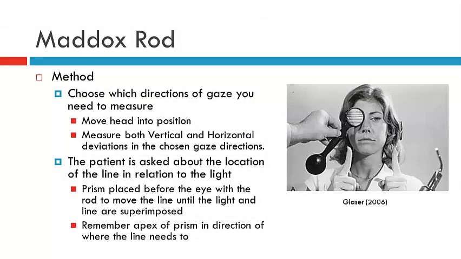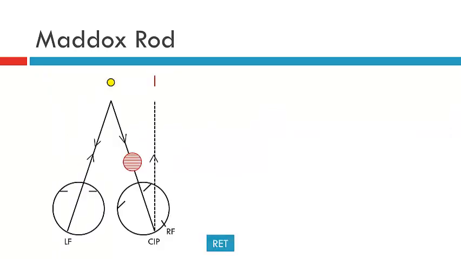Remember that with your prism, the apex of the prism is in the direction of where the line needs to be. You can also work out that if you've got a crossed image, you've got an exodeviation, so it's base in, or if you have an uncrossed image, then you've got an esodeviation, base out.